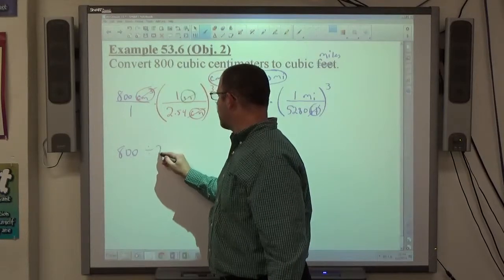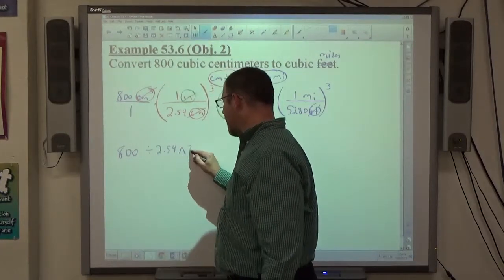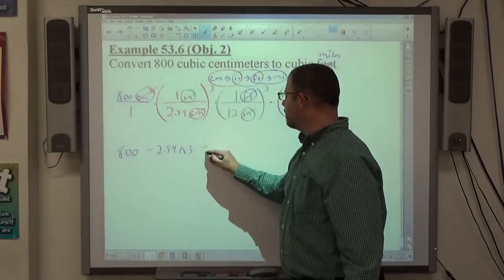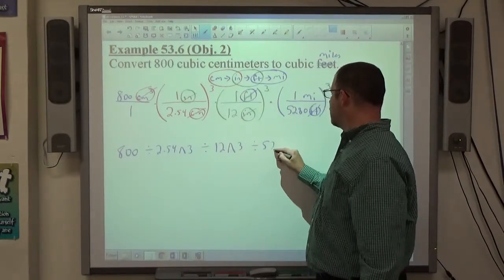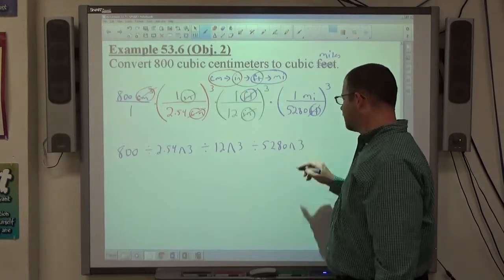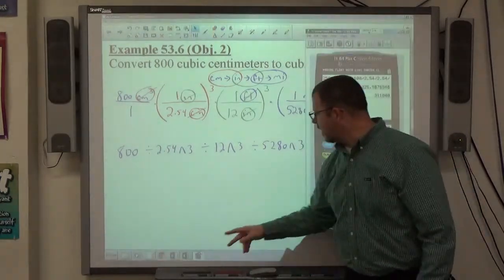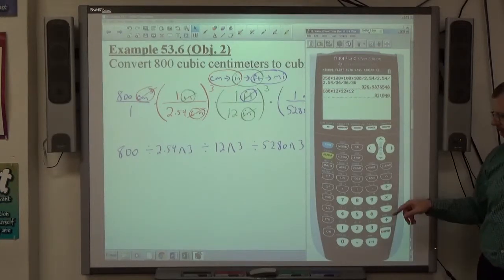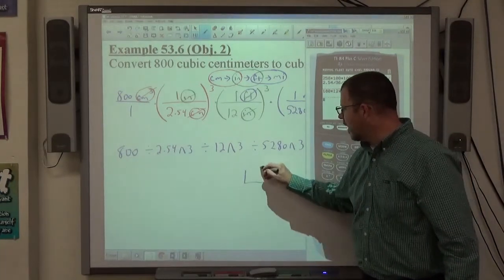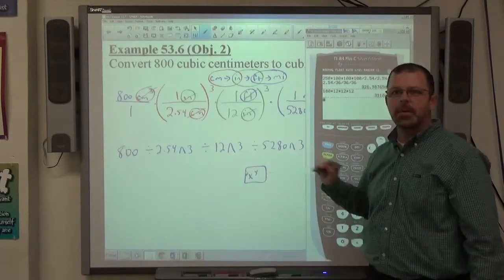As far as getting the answer is concerned, 800 is what we started off with. I'm dividing by 2.54 to the 3rd power. I'm going to divide by 12 to the 3rd power. I'm going to divide by 5,280 to the 3rd power. If you're using this kind of calculator, this button right here is the power button. Other calculators have a button that says x to the y power. That's the power button.